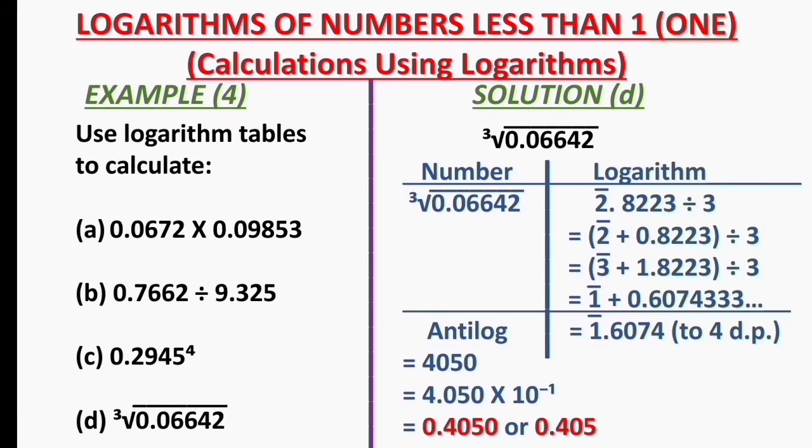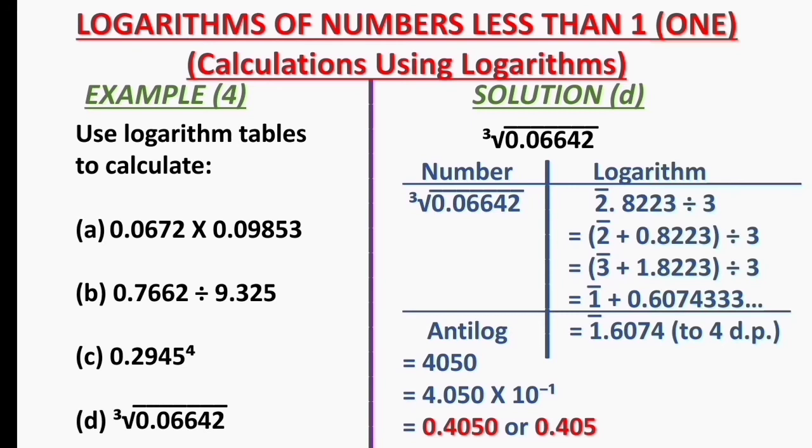So the original characteristic, which is bar 2, let's change it to bar 3. Before that, we are going to separate the characteristic from the decimal fraction. So the characteristic in the logarithm is bar 2, separated from the decimal fraction, which is 0.8223. Changing bar 2 to bar 3, but of course we are going to add 1 to it to make it equivalent to the original bar 2. We are going to have bar 3 plus 1.8223 divided by 3.